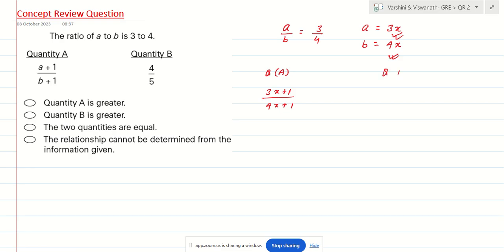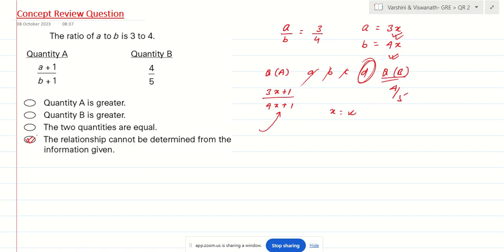And the quantity b is given as 4 upon 5. So all of that depends on the value of x. The moment you change the value, you'll get different fractions. Hence option D is my answer: cannot be determined. Good, very good.